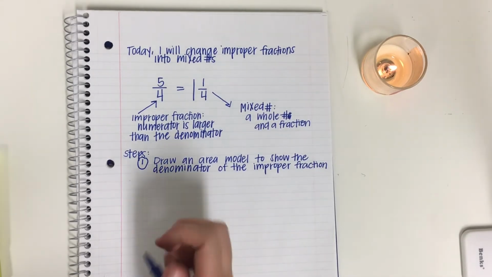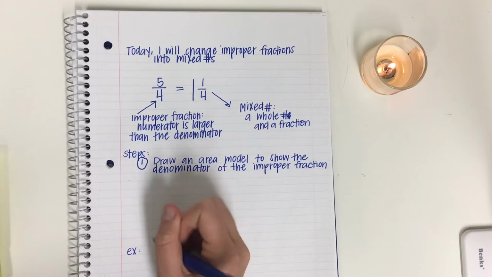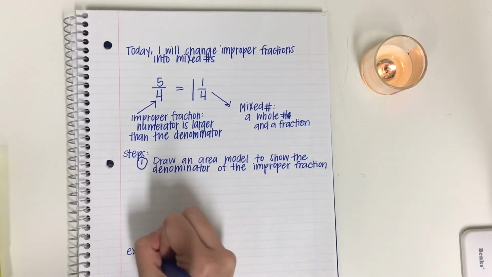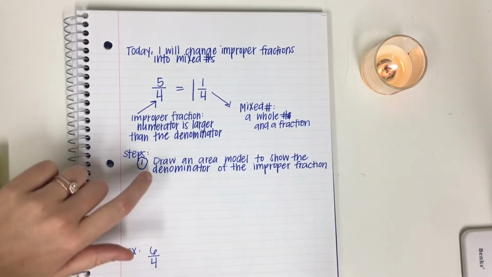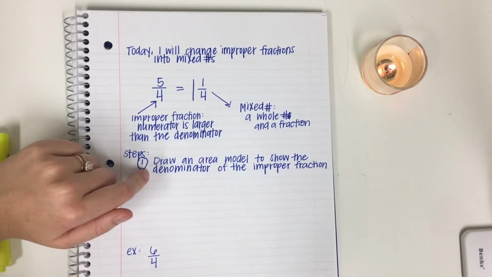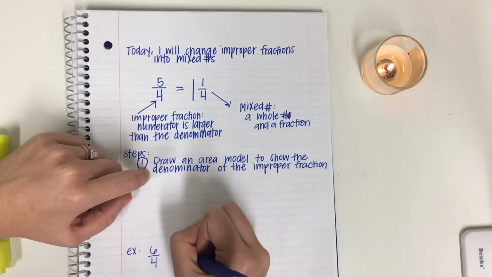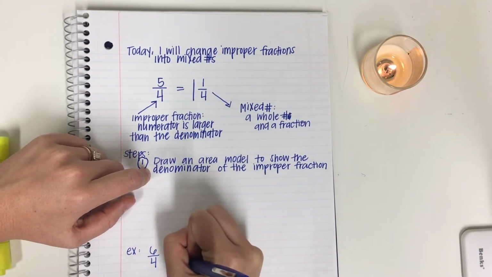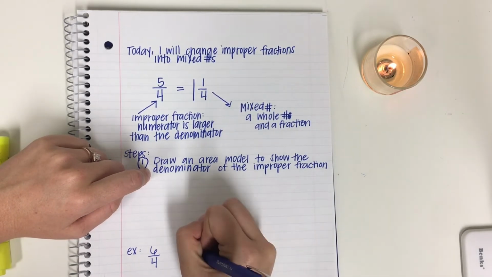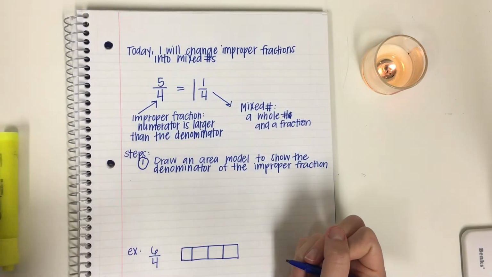So I'm going to skip a couple lines and do an example down here. So let's say that we do 6/4, okay, and they want us to change it into a mixed number. So the first thing I need to do is draw an area model to show the denominator of the improper fraction, okay? So I need to draw 4 parts, right? 1, 2, 3, 4.